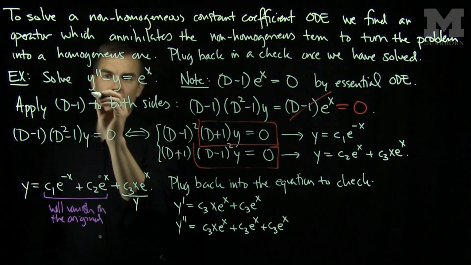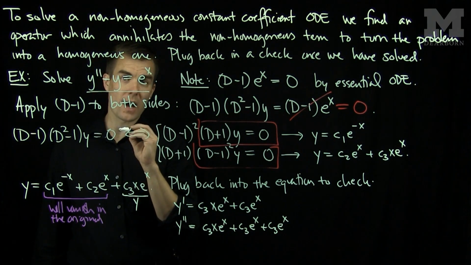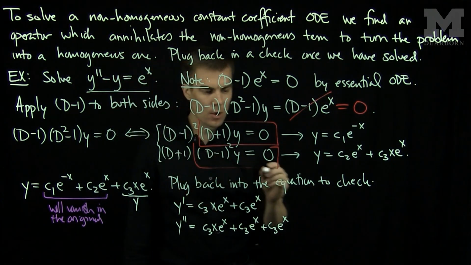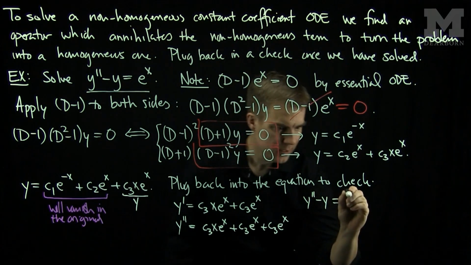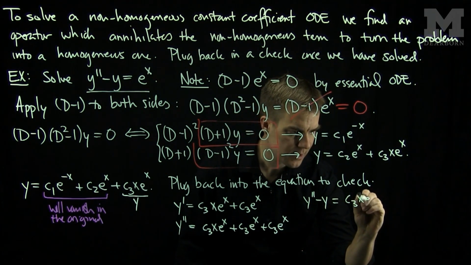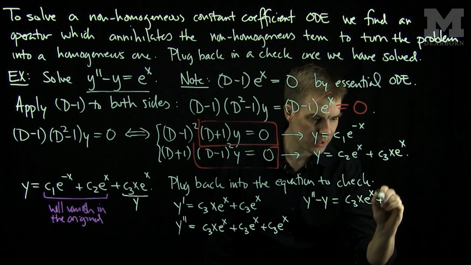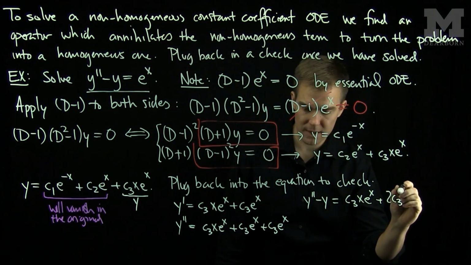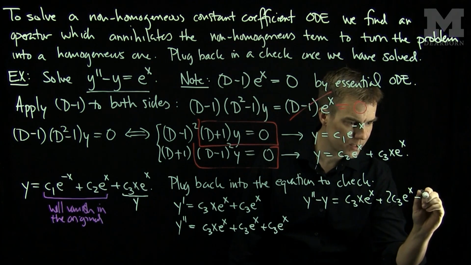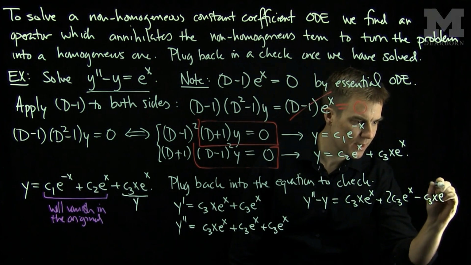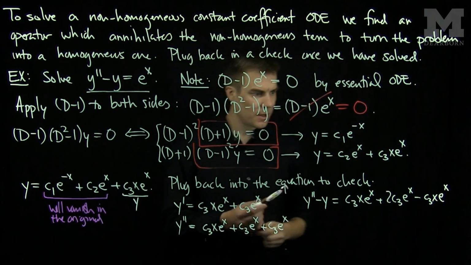And now it must be the case that y double prime minus y is equal to e to the x. Y double prime minus y will be c3 x e to the x plus 2 c3 e to the x minus y, which is c3 x e to the x.